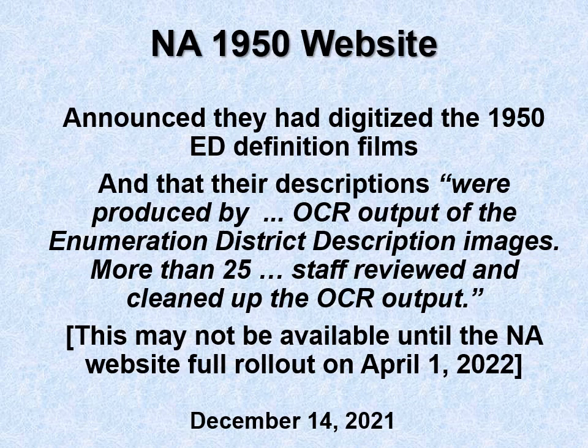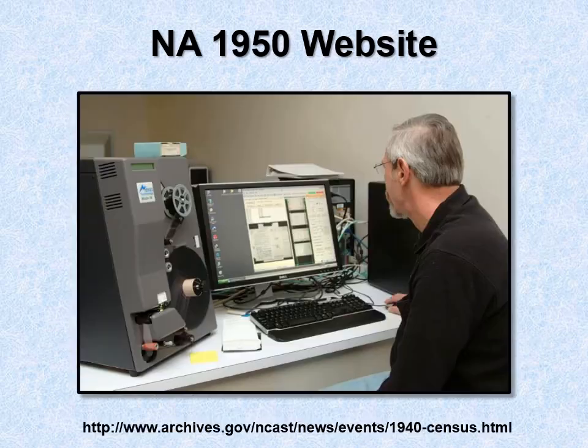The images themselves varied dramatically in terms of quality. I decided not to do OCR. These ED definitions are not under privacy rules, and so anybody could look at them and do them. And this utility of the National Archive is not available right now. It may not be available until their official website opens on April 1st of 2022.